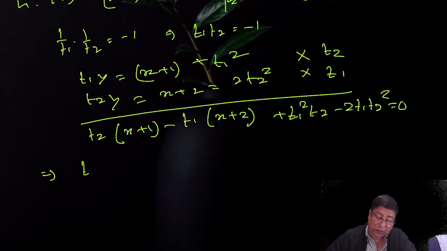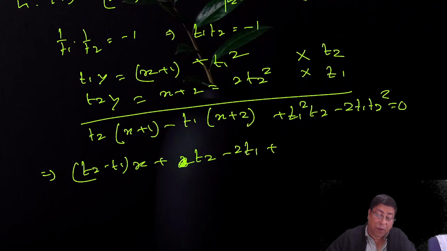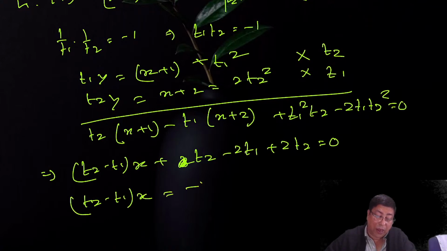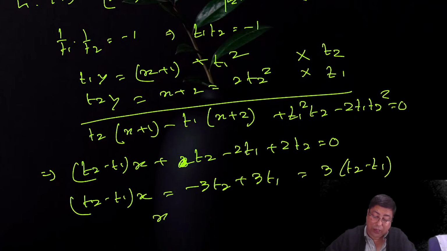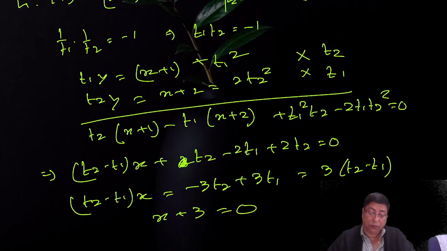Therefore we can write this as t2 minus t1 into x plus t2 minus 2 t1 plus 2 t2 equal to 0. So we can write this as t2 minus t1 into x equal to minus 3 t2 plus 3 t1, that is minus 3 into t2 minus t1. So we are getting x plus 3 equal to 0. Sum is over.